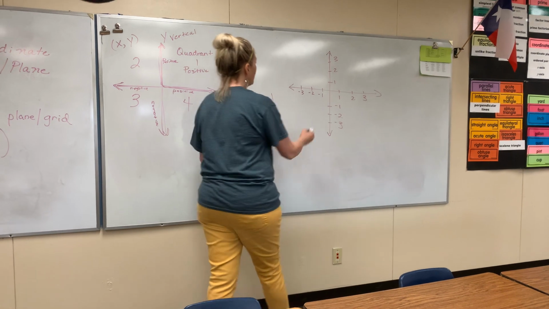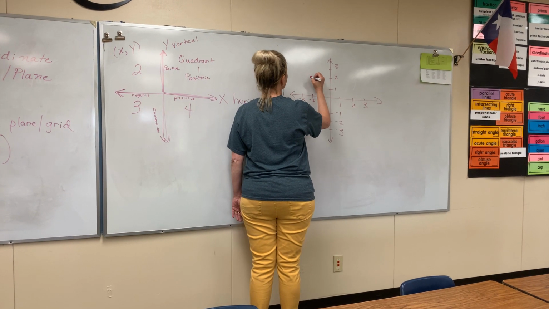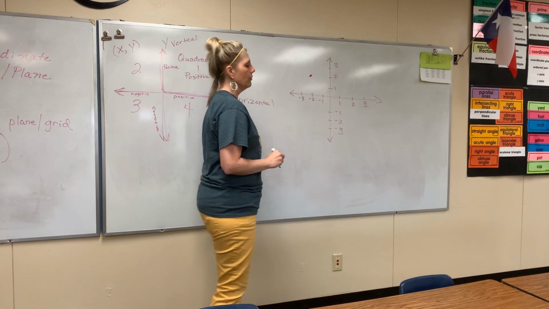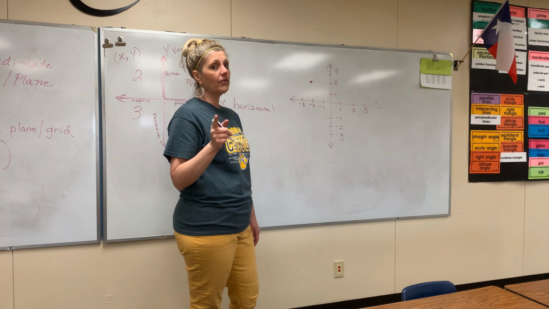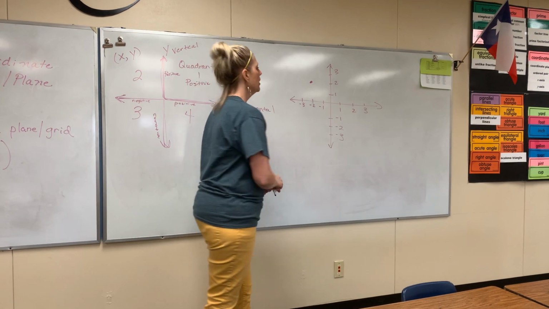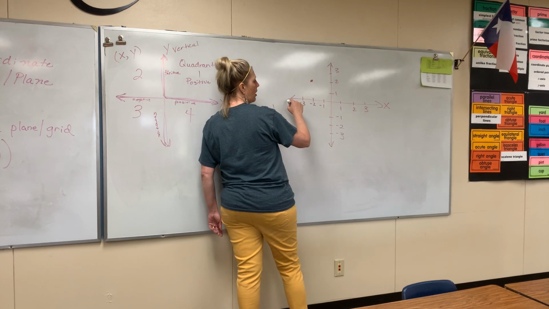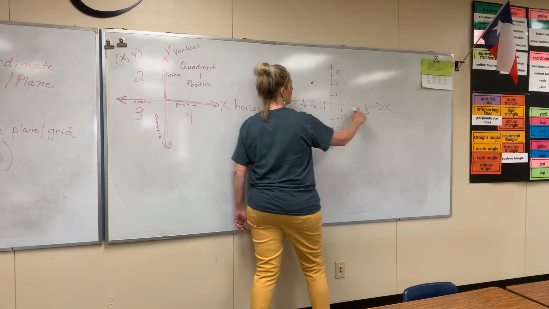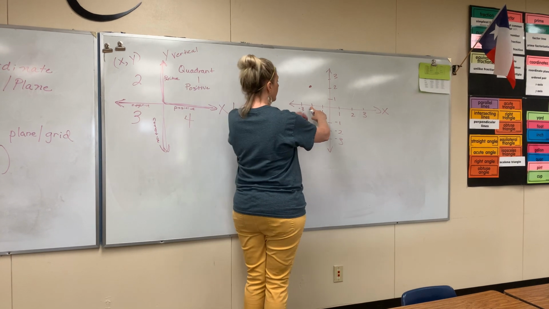All right, let's say that I put a dot right here. And I asked you, how would you name that dot right there? Okay, now you got to remember the x-axis comes first. So when I look on the x-axis going all the way across, I go, okay, where am I going to stop? Boom. I stop right there at a -2.